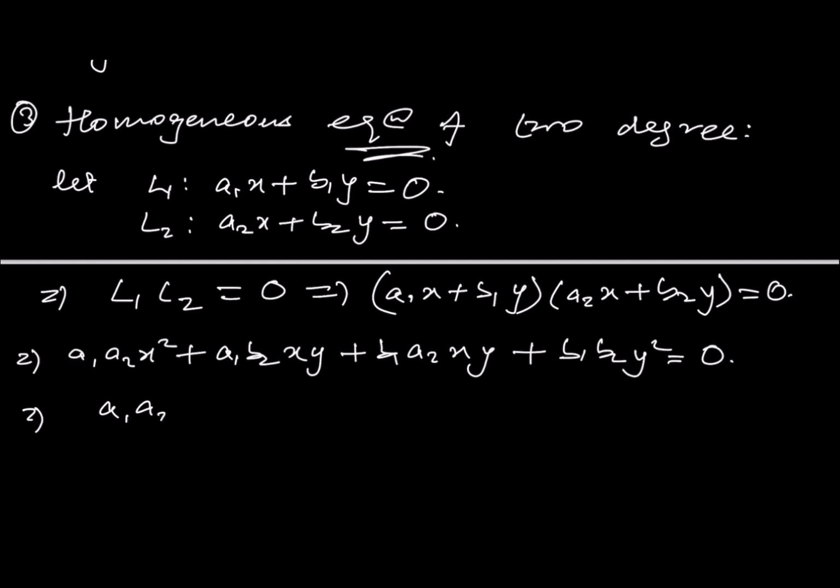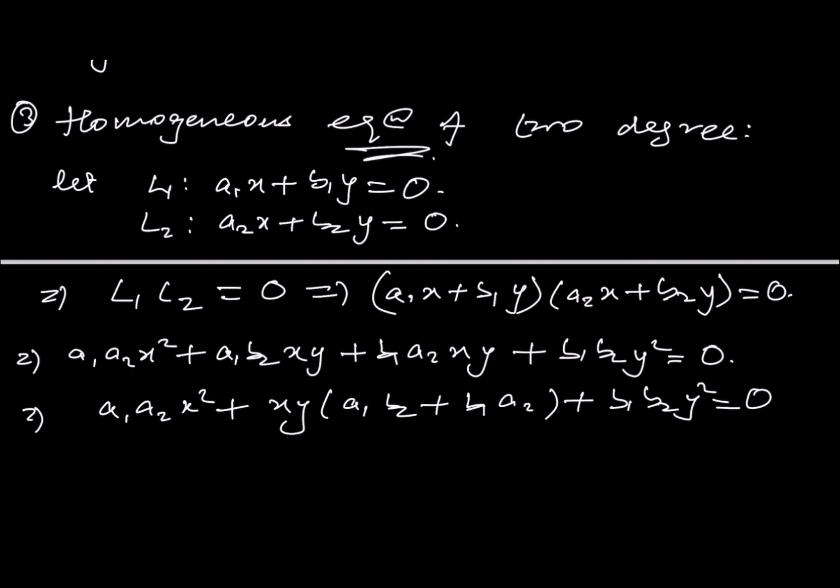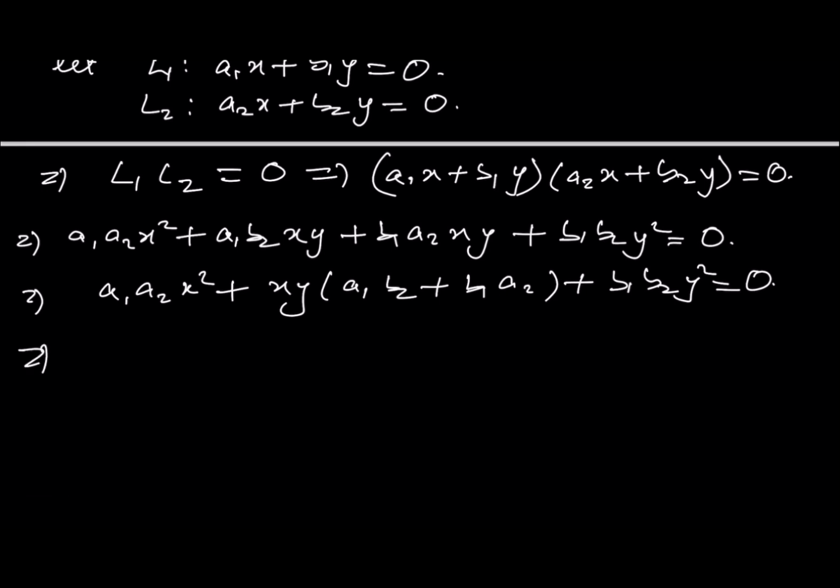Or after simplifying I am writing like this: ax square plus 2hxy plus by square is equal to 0.